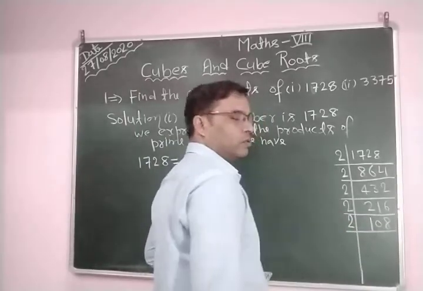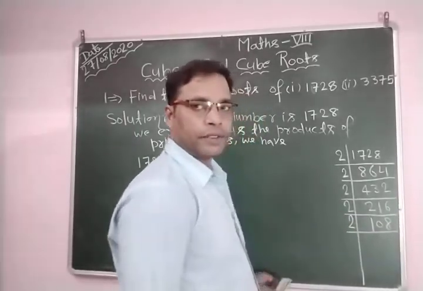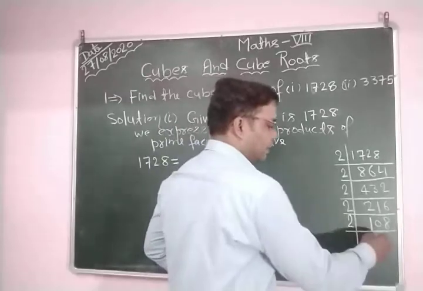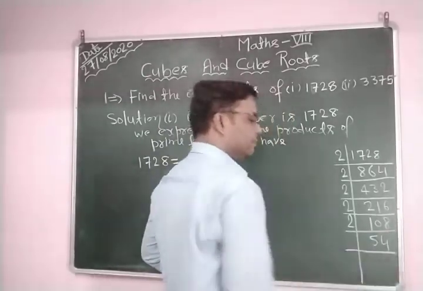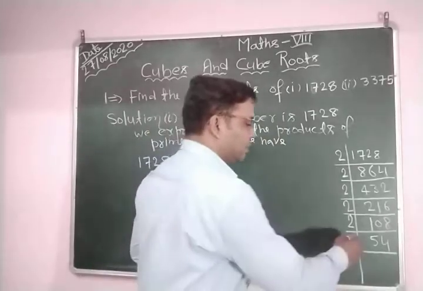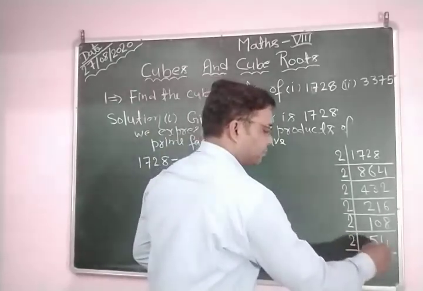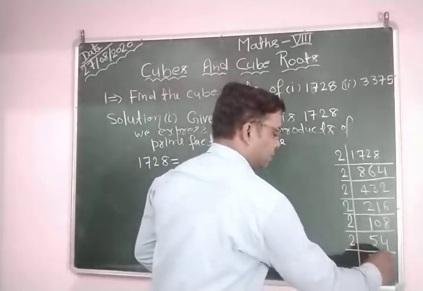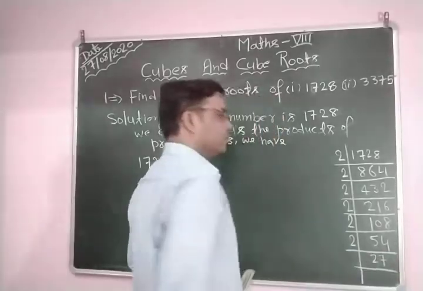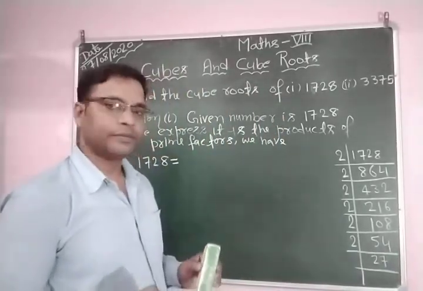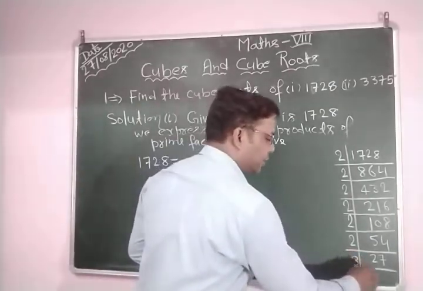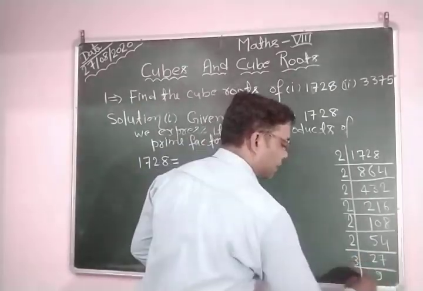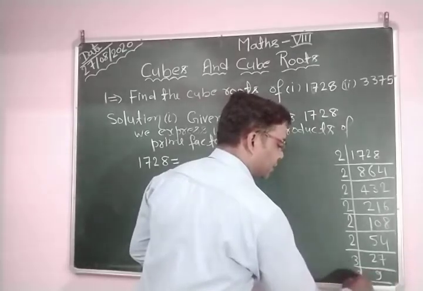If you divide 108 by 2, we obtain 54. Again 54 is divisible by 2, so you obtain 27. You know very well the factors of 27 are 3 into 3 into 3.